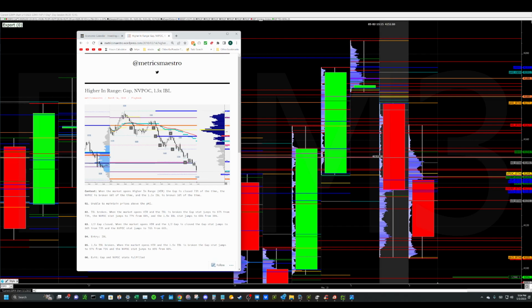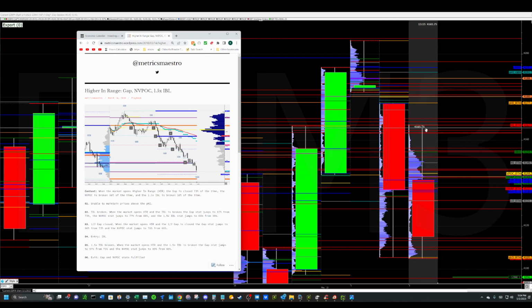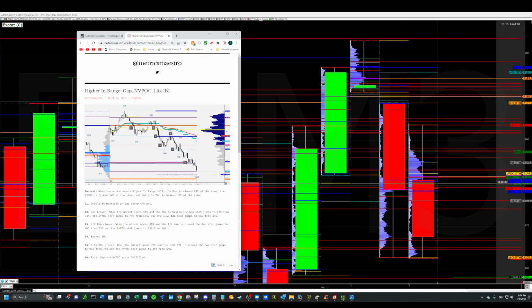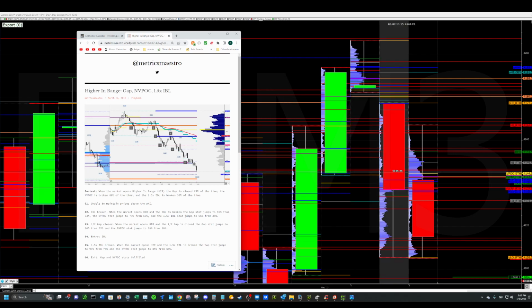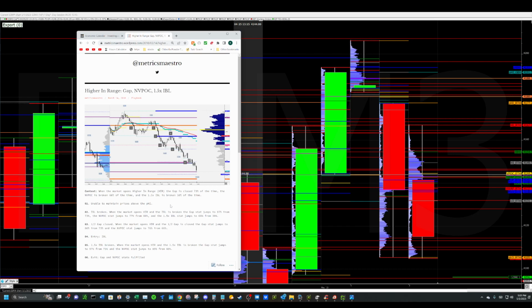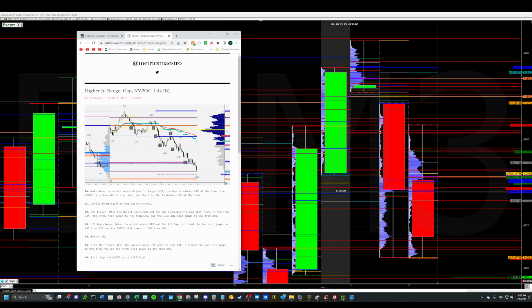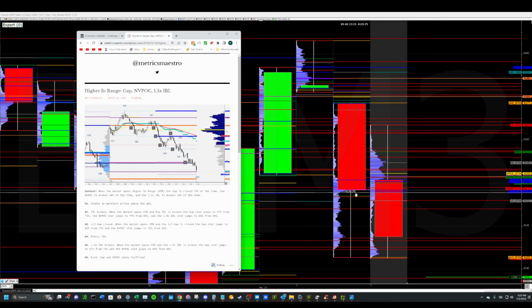So the market opens higher in range. See where it was opening. There's RTH open, 4150. Gap is closed 73% of the time. There was no gap. NVPOC broken 60% of the time.